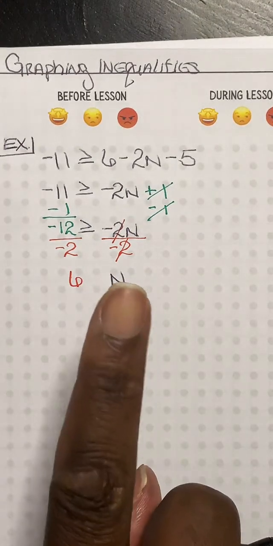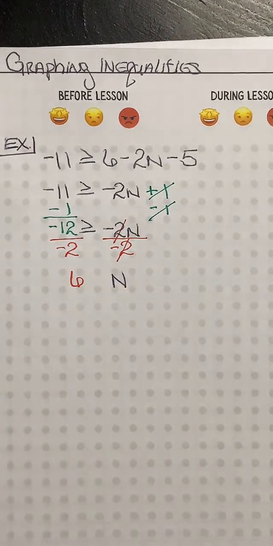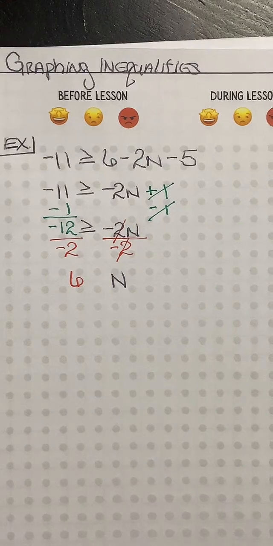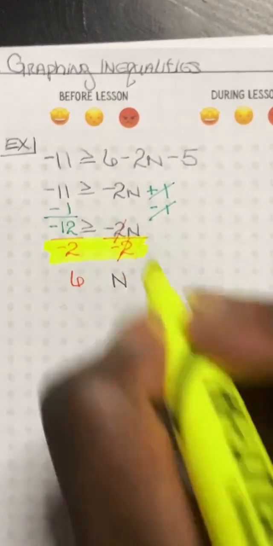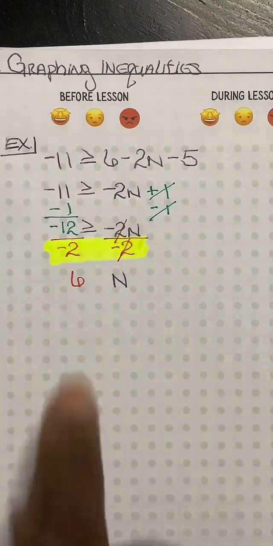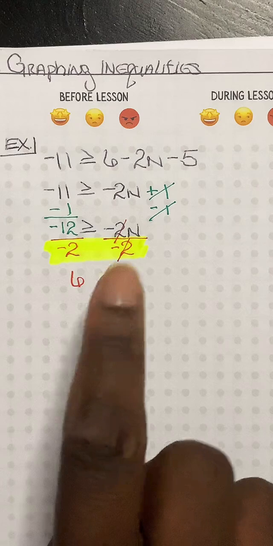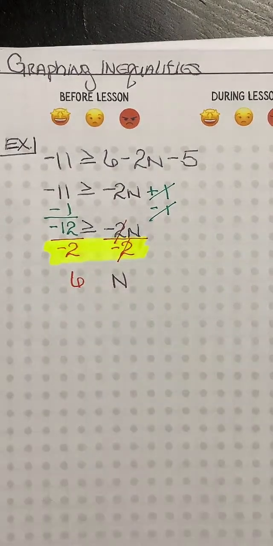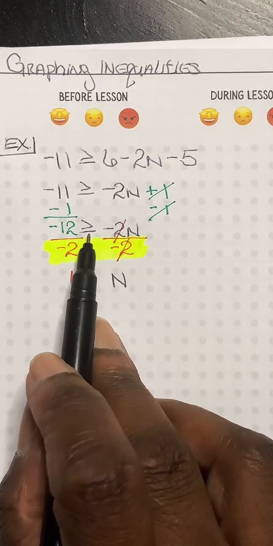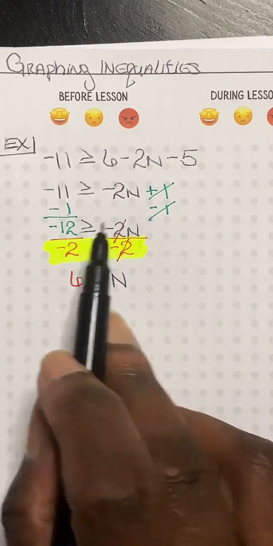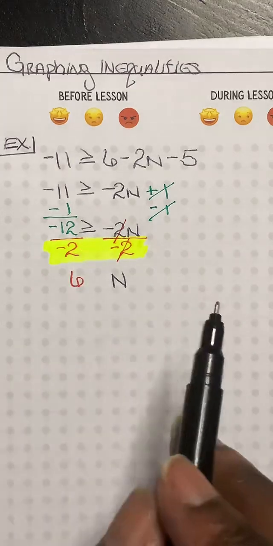But this is what happens. Anytime you multiply or divide by a negative number, not because you got a negative answer, but when you multiply or divide by a negative number, that's when you change your inequality sign. You change the direction of the sign. So it's not going to be greater than or equal to.